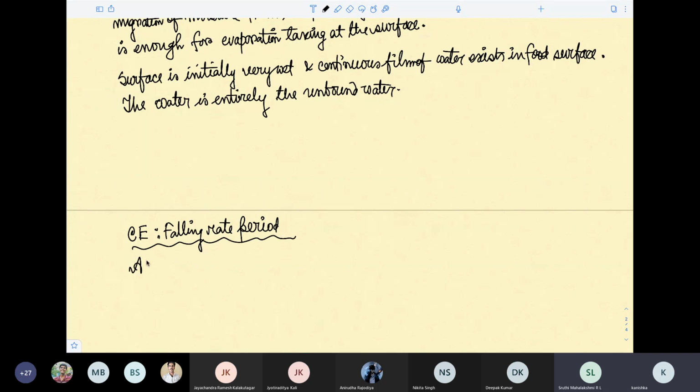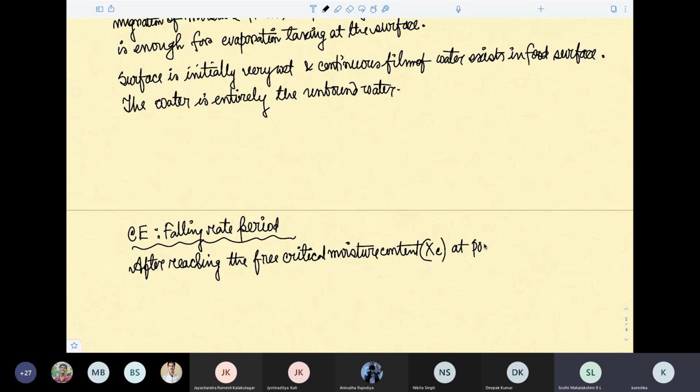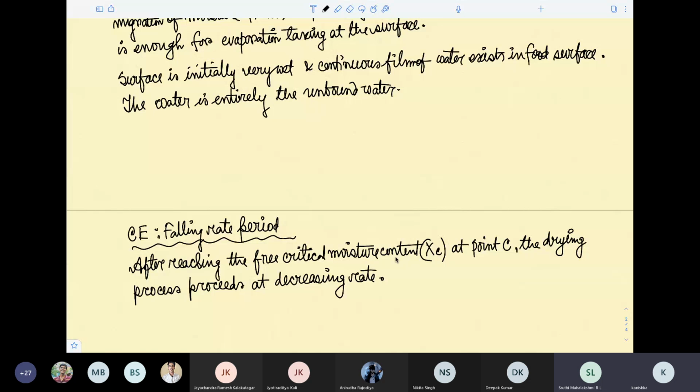After reaching the free critical moisture content, that means XC, the free critical moisture content at point C, the drying process proceeds at a decreasing rate.